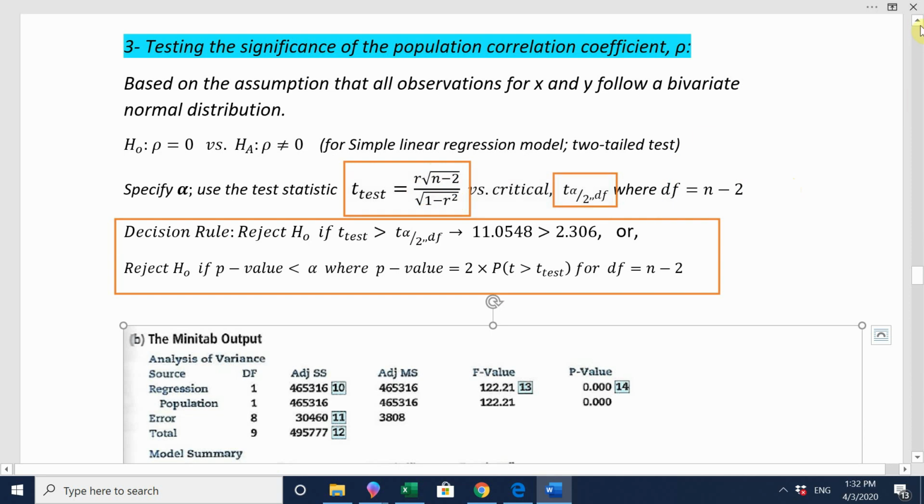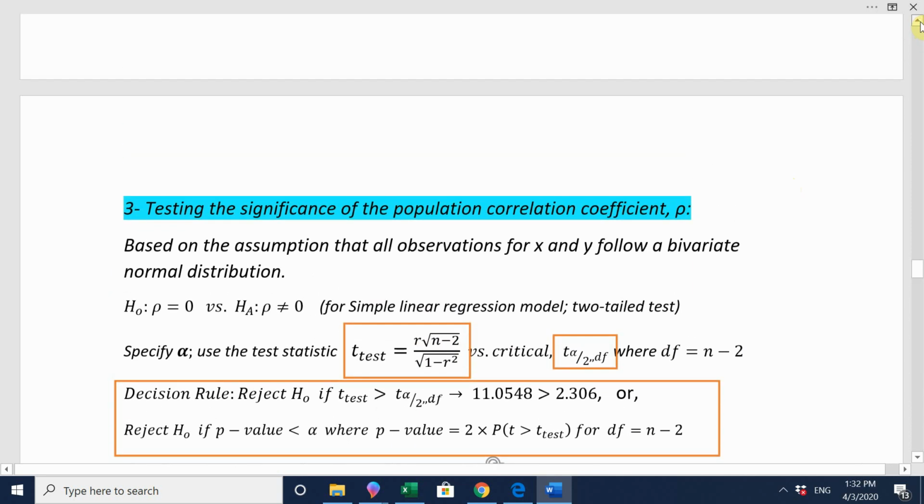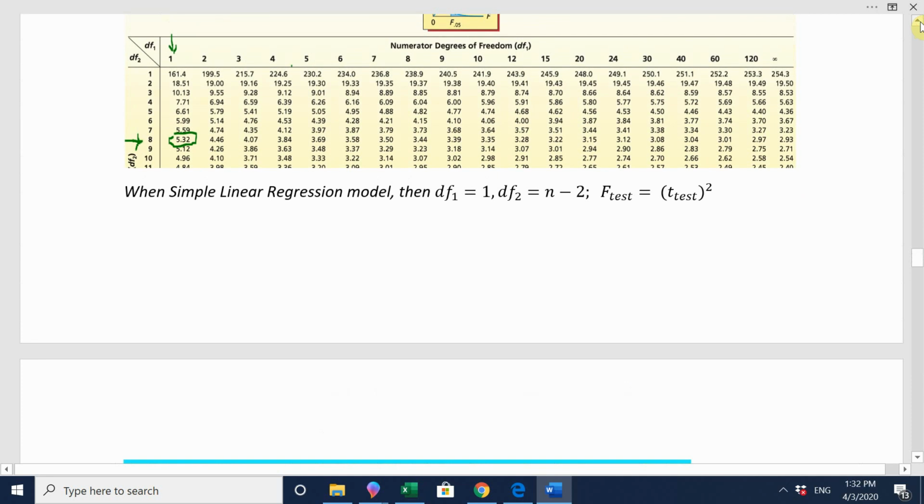One point which I forgot to mention before about the f-test is the following. When you are working with simple linear regression models, one thing that is always true is that the df of 1 will always be equal to 1, because I'm always working with one predictor.